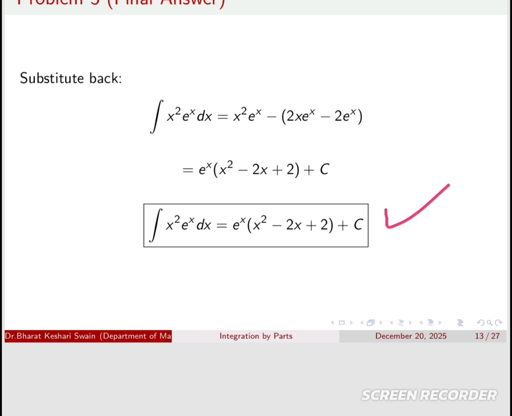This is the final result, isn't it? So this is how we have to apply our by parts rule. When we need the by parts rule 2 times, we can apply it 2 times.